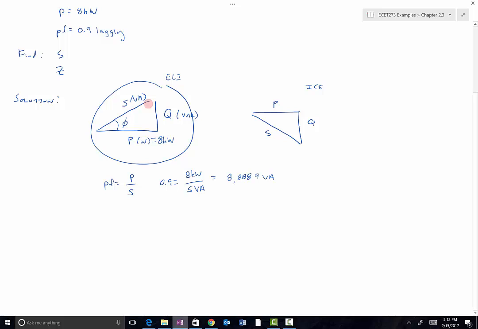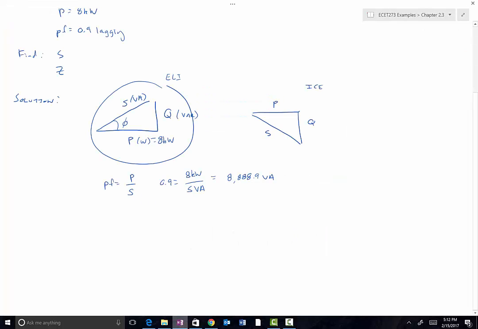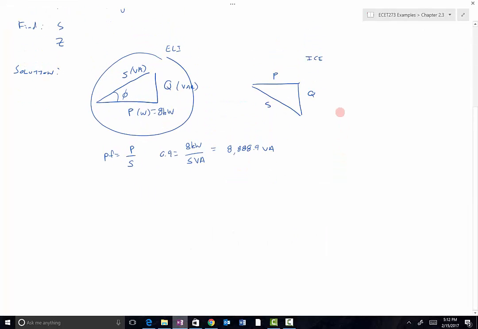That doesn't fully describe this system. We would like to know what the angle is. The easiest way to determine the angle is to take the inverse cosine of the power factor.